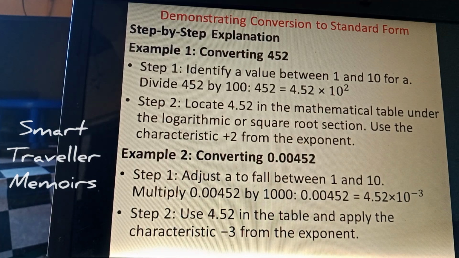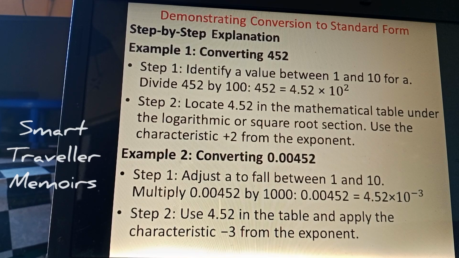Use the characteristic plus 2 from the exponent. In fact, you can get the characteristic positive 2, or the power of 10, by moving the decimal point of the number. Like for 452, the decimal point will move 1, 2 to come to 4.52.